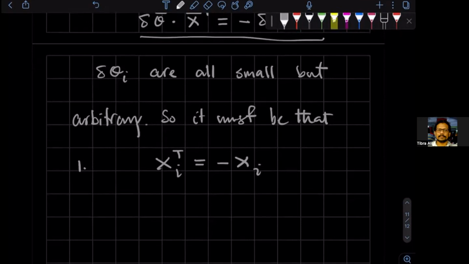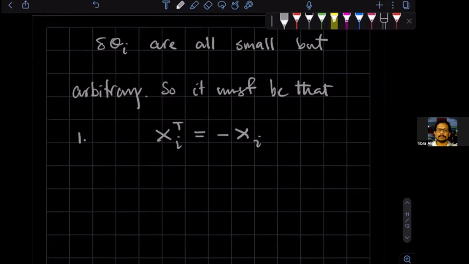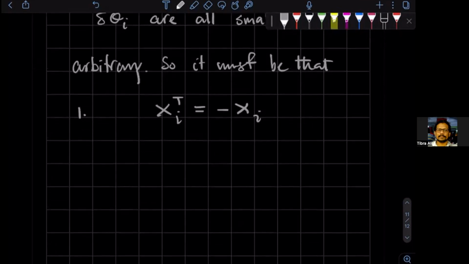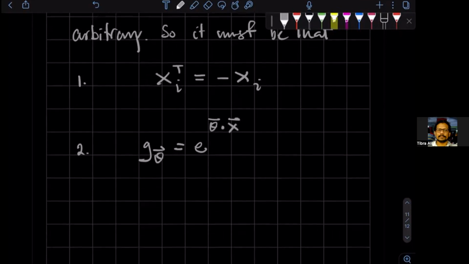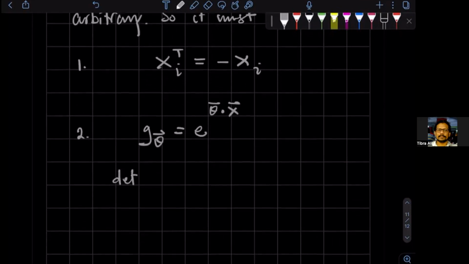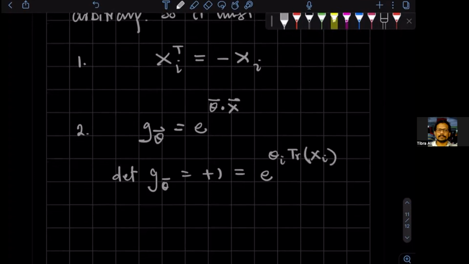Now, the other property that's important for us is that since we know that g of theta has the form e to the i theta dot x, if I take the determinant, this is +1, and this is e to the i theta i trace of xi.